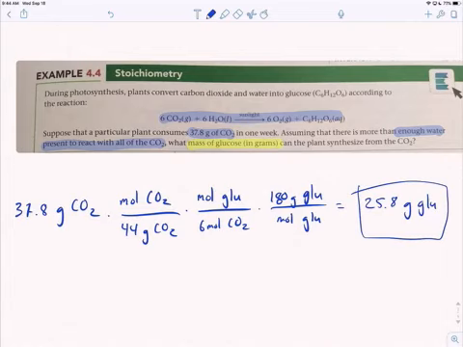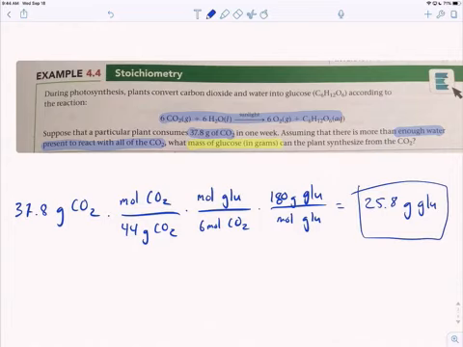That means our limiting reagent, just like when we're making Happy Meals or sandwiches, is the CO2. Then how do we get to grams of glucose? We convert to moles CO2, and then from the balanced equation we figure out the ratio between carbon dioxide and glucose. It's 1 part glucose to 6 parts CO2, and then we convert back to grams from moles, and we get 25.8 grams glucose doing the dimensional analysis.